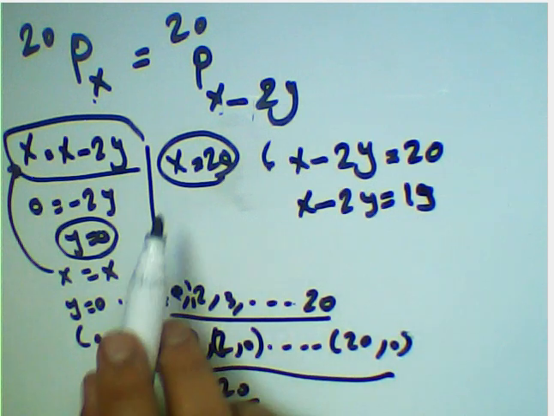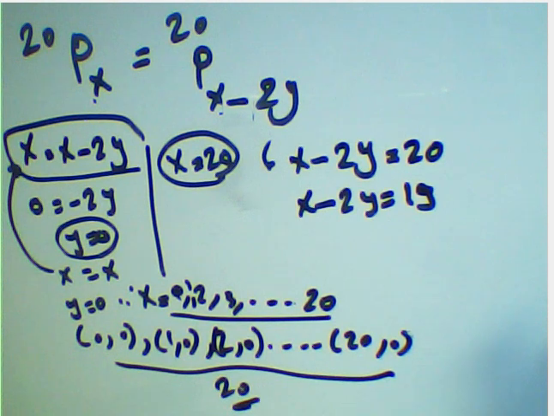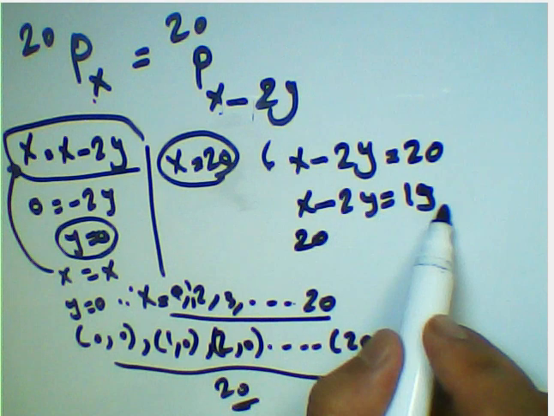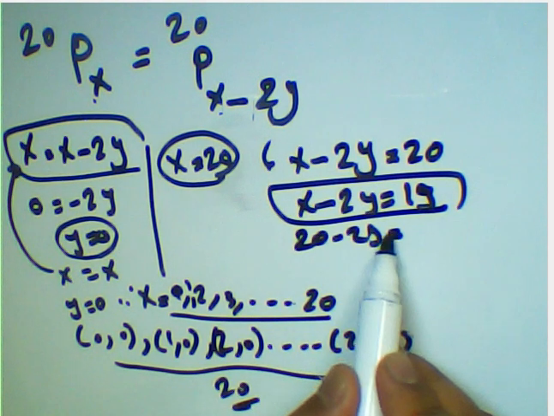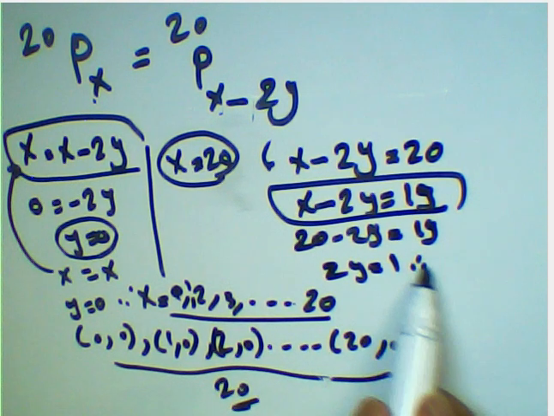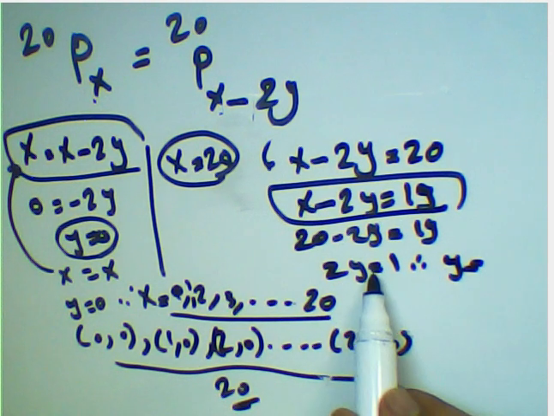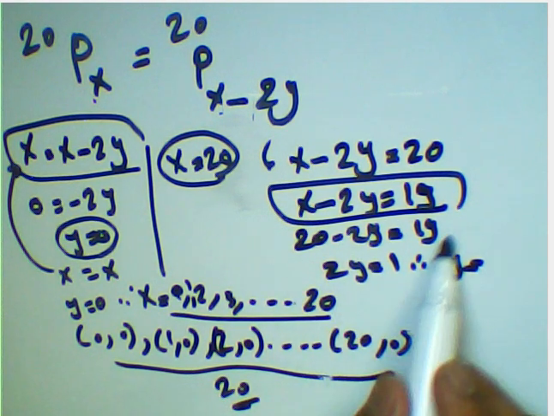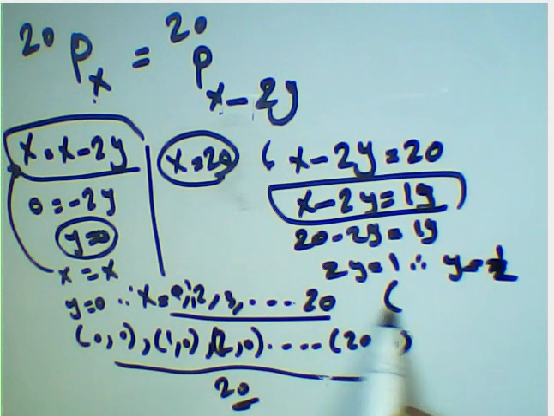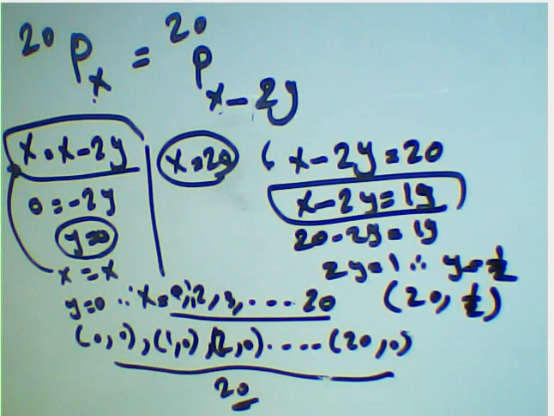Then x will be 20, let x equal 20 in this example. 20 minus 2y equal 19, then 2y will be 1, so y will be what? Will be half, because 20 minus 19 equal 1, and y equal half. So the solution here will be x equal 20 and y equal half.